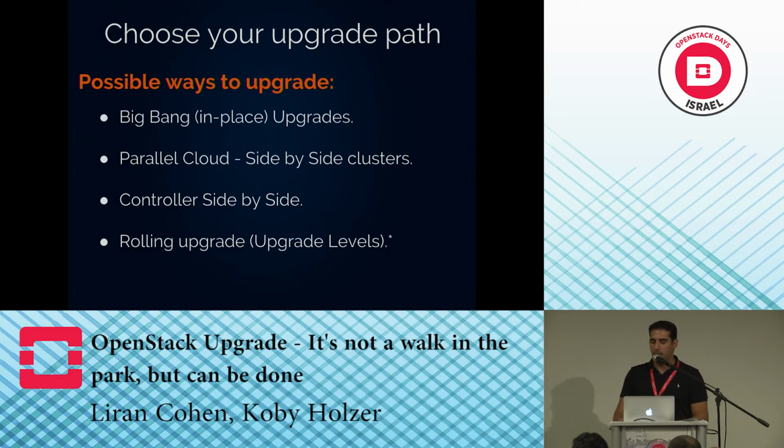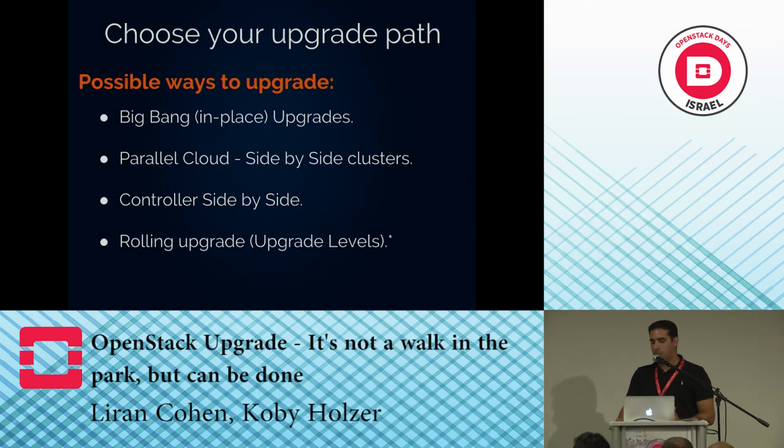The first one, which should be the easiest one but also the most risky one, is the in-place upgrade. The meaning of the in-place upgrade is that you are going to upgrade each one of your components live on production. So your controller will be upgraded in place, and all your compute hosts will be upgraded as well. For the pros, the only pro that I can think of in that case is that you don't need any extra resources, and you can save a lot of planning and getting ready for such an upgrade.